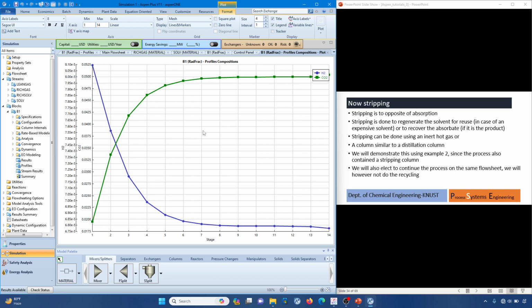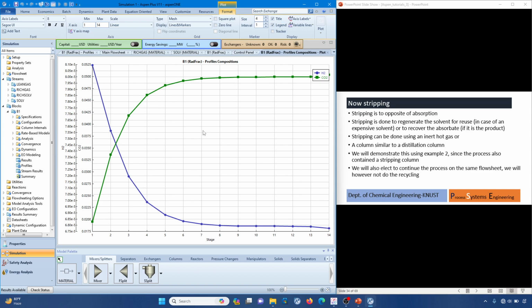Now stripping. Stripping is the opposite of absorption. Here we use a gas, usually a hot gas, to recover components from a liquid stream. It's usually done to regenerate solvents.